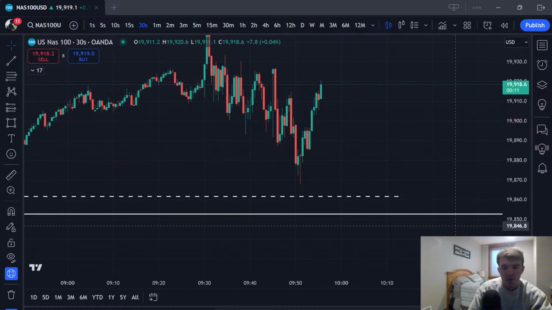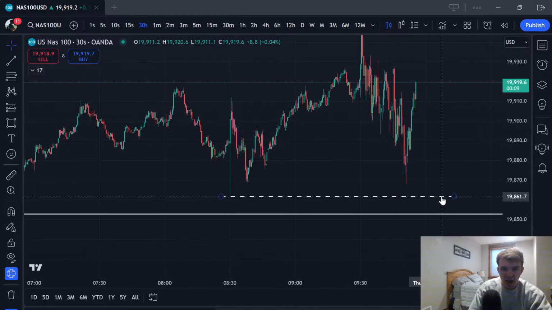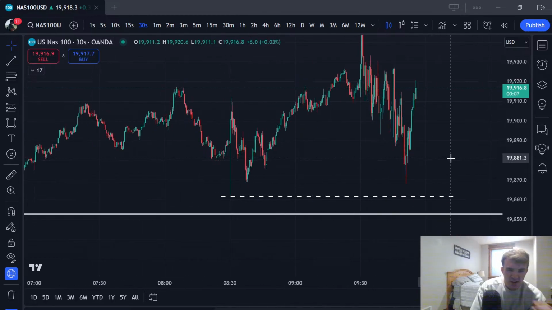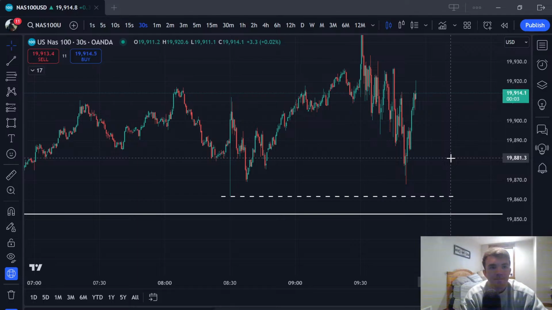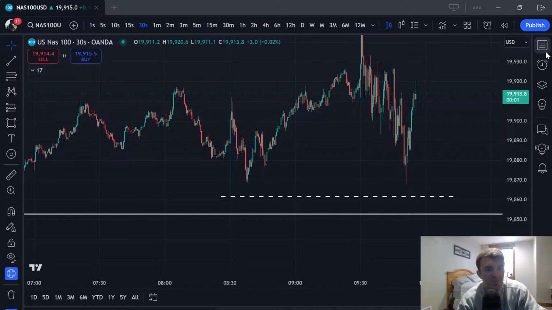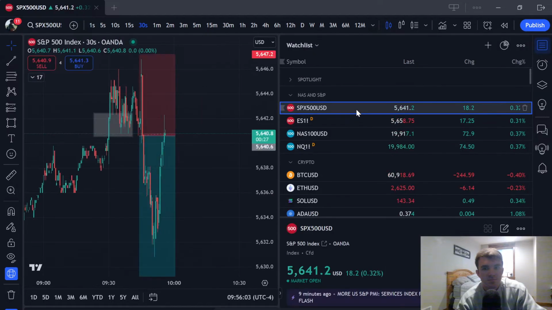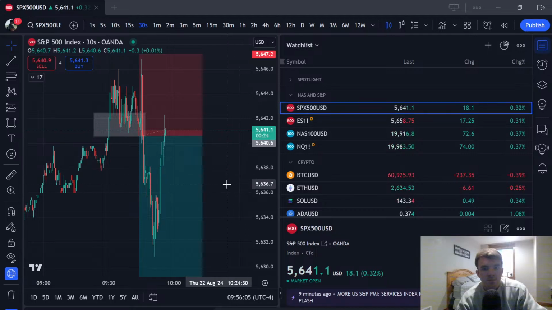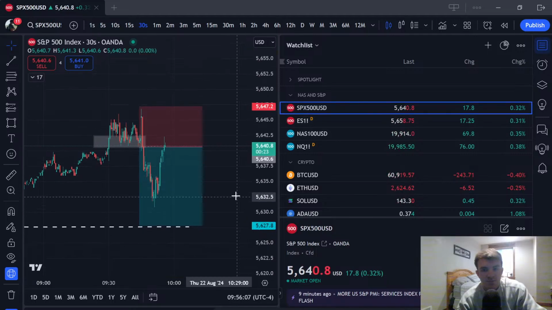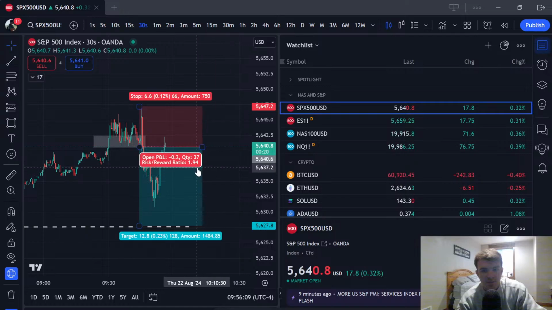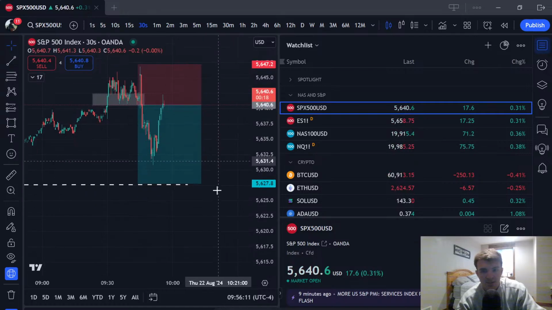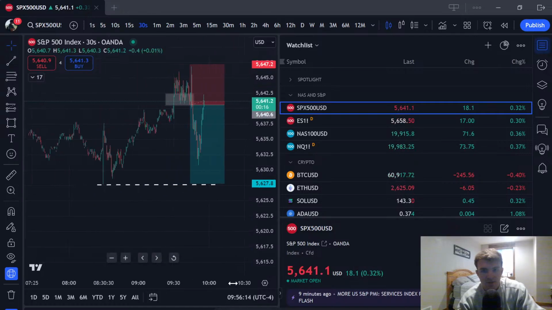I think we'll go back down and sweep this low again. It could be wrong, but I think we will come back for the data low. And looks like on this trade we'd be stopped out at break even, but we're just gonna keep it just for fun.